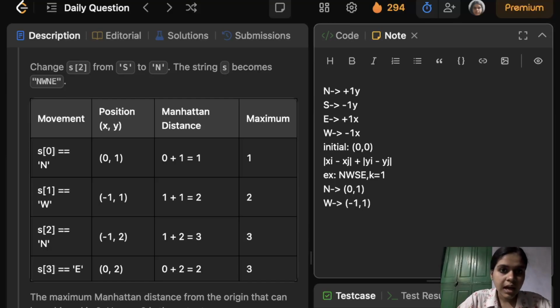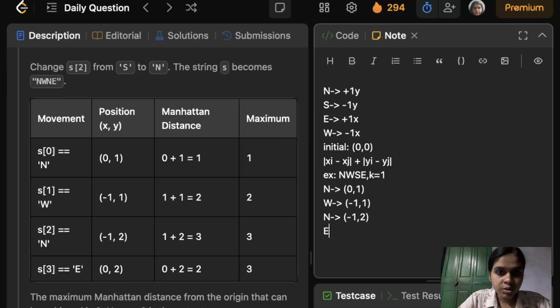Then N again will be plus 1 in the y direction, so it will be minus 1 comma 2. And then E is present.